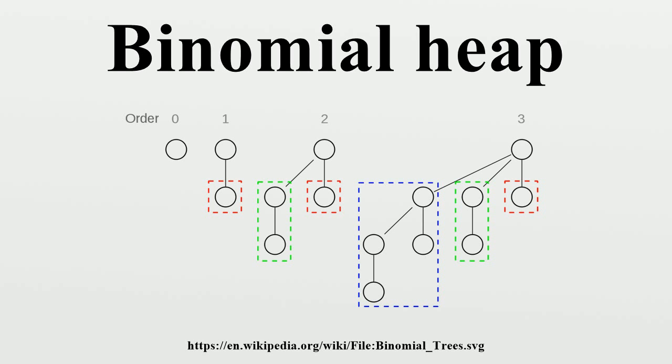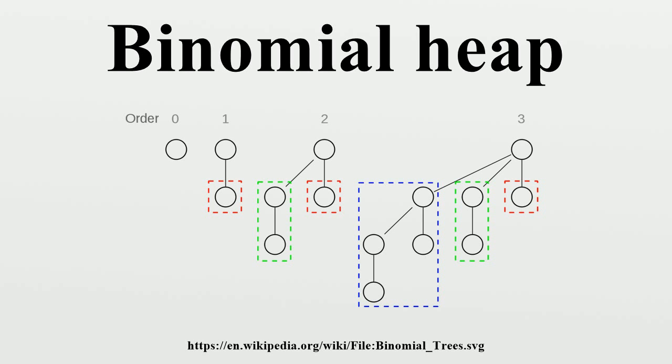The operation of merging two heaps is perhaps the most interesting and can be used as a subroutine in most other operations. The lists of roots of both heaps are traversed simultaneously in a manner similar to that of the merge algorithm. If only one of the heaps contains a tree of order j, this tree is moved to the merged heap.